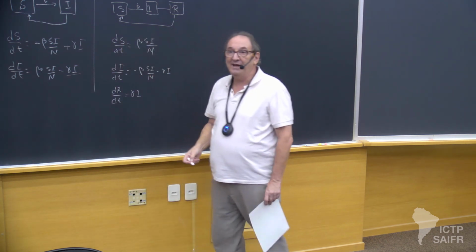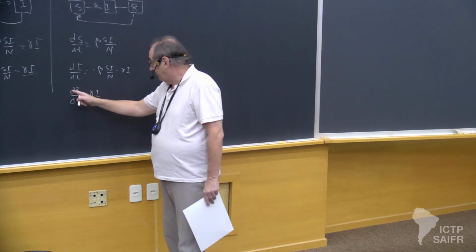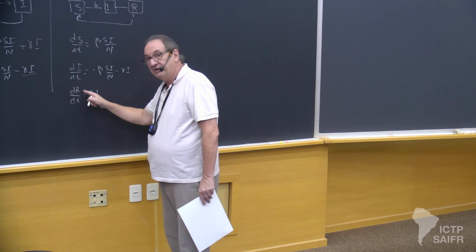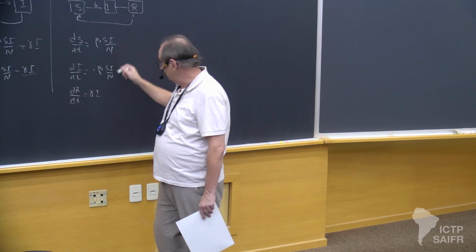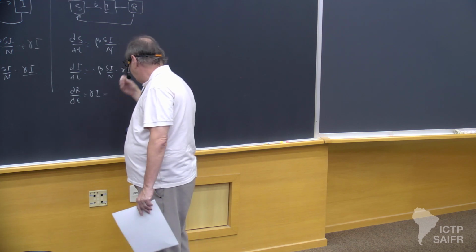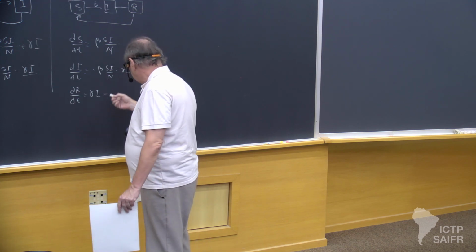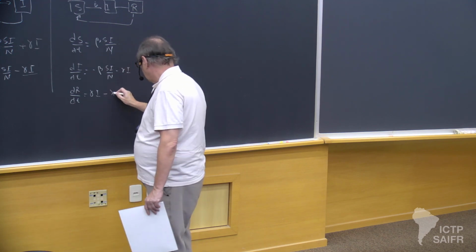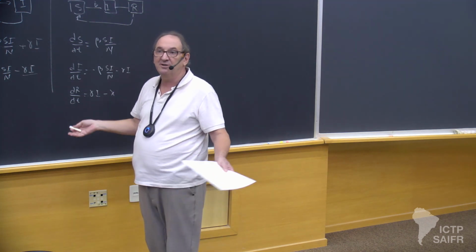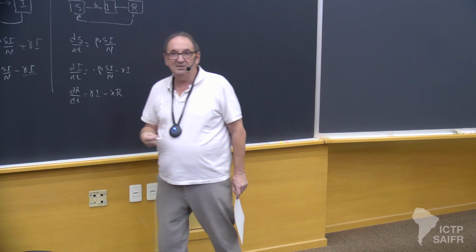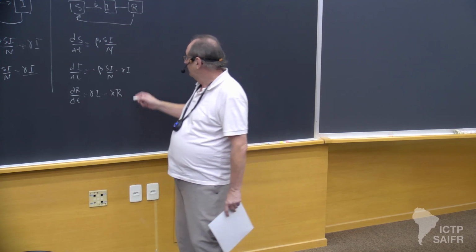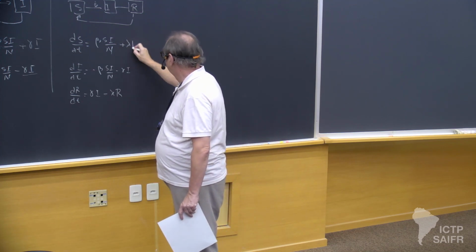There's a rate and a flow of recovered people that lose immunity and become susceptible again. Therefore, I would have to put a minus. Let us take lambda as a constant related to the duration of your immunity. 1 over lambda will be the typical duration of your immunity. And this flows in here.